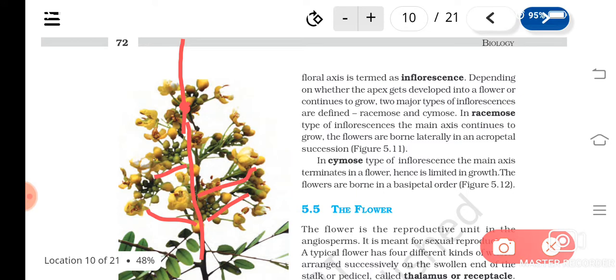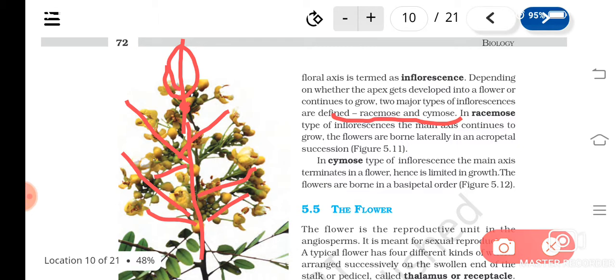And in some other inflorescences the apex will end in a flower, and the other flowers will be produced at the side. So on that basis there are two major types of inflorescence: racemose and cymose.